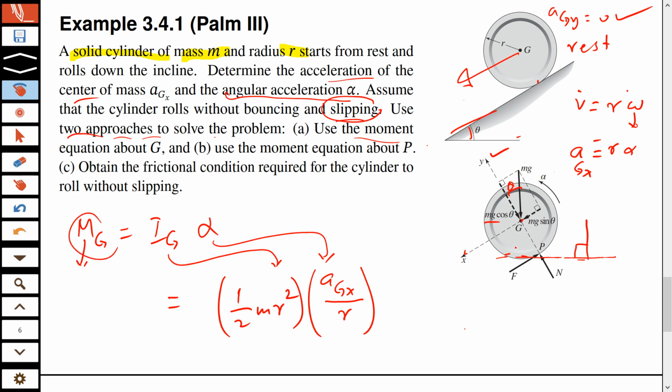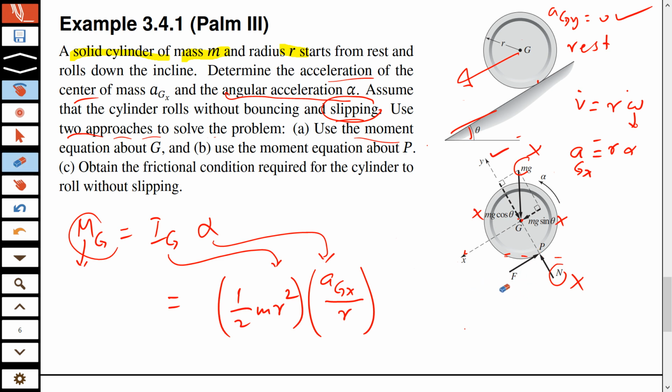Now, just identify which forces have their lines of action crossing G. The line of action of N crosses G, so N will not have any moment. The line of action of mg crosses G, so it will have no moment. The components will also have no moment because their resultant is crossing G and they also cross G. So the only force which does not cross G is this friction force.